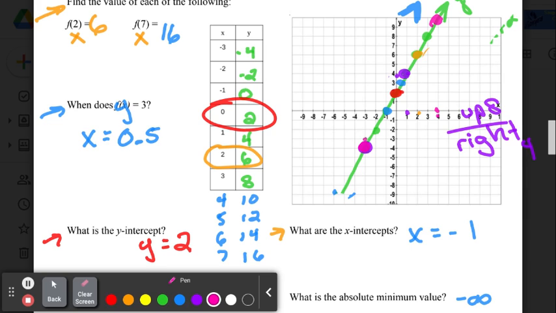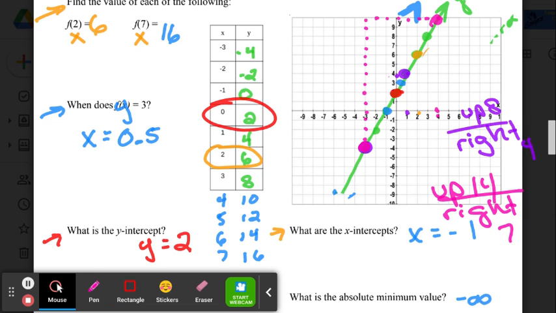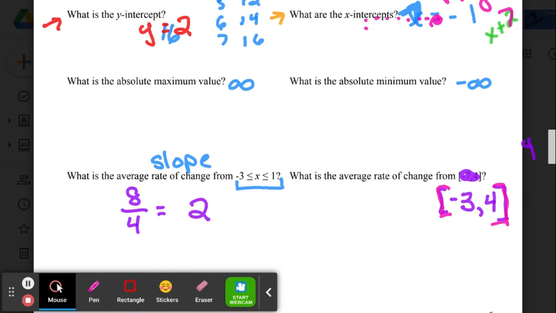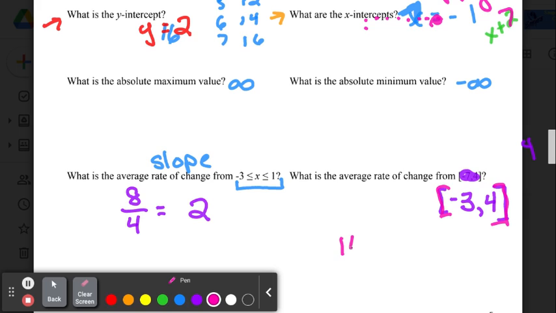So we're going to go up 1, 2, 3, 4, 5, 6, 7, 8, 9, 10, 11, 12, 13, 14, up 14. Write that down because I'll forget. Up 14 to the right 1, 2, 3, 4, 5, 6, 7. And then write 7. Well, hopefully you can already see that you can simplify that. So up 14, right 7 simplifies to 2.